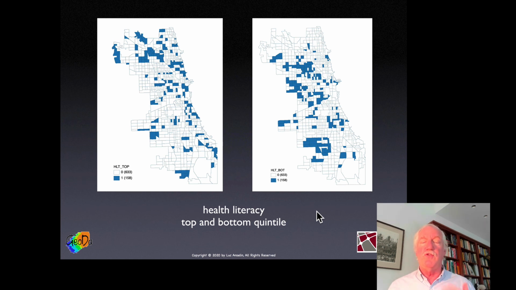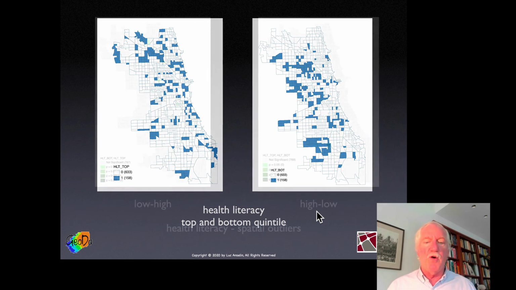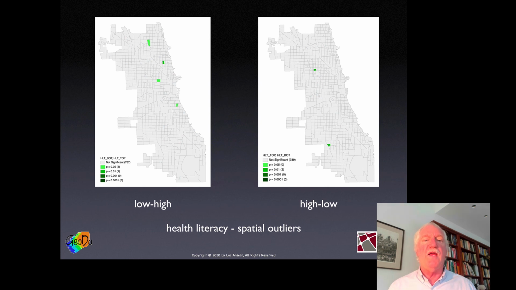And so we do our thing, we apply the bivariate local joint count. We can do it for either one of these because they're both rare, so we can have both low-high and high-low locations. And we see we cut it down to 4 in the one case and to 2 in the other case. And these are places, but the p-values are very weak.